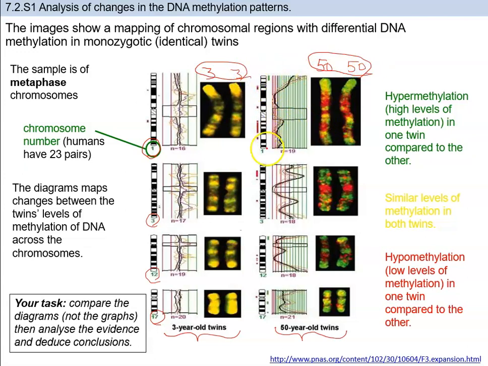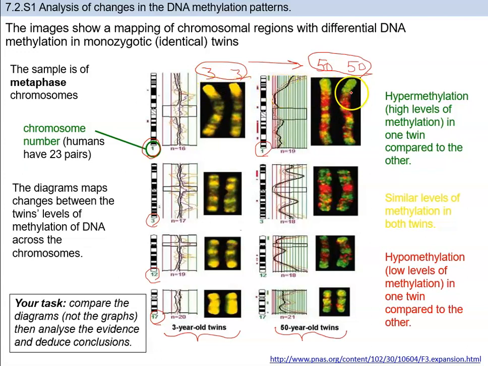When you compare both of them for chromosome number 1, you see that while they are growing from 3-year-old to 50-year-old, the amount of methylation has increased a lot in chromosome number 1. This area is yellow, and yellow means similar levels of methylation in both twins, the early and original level of methylation.